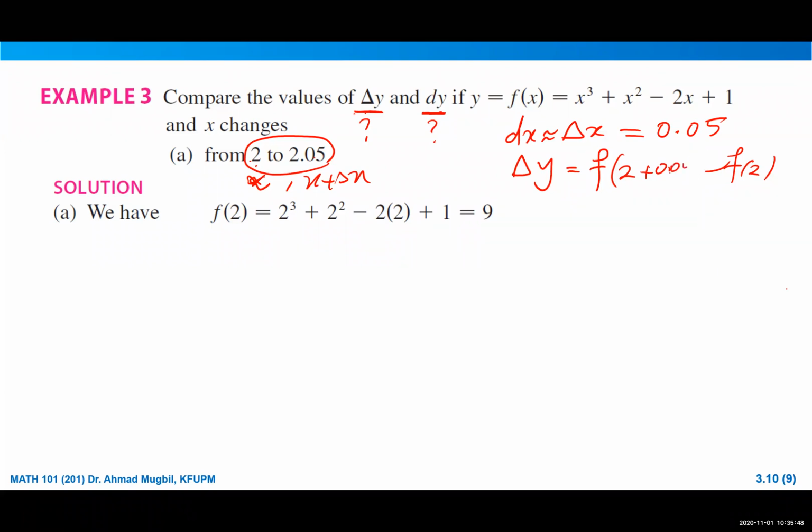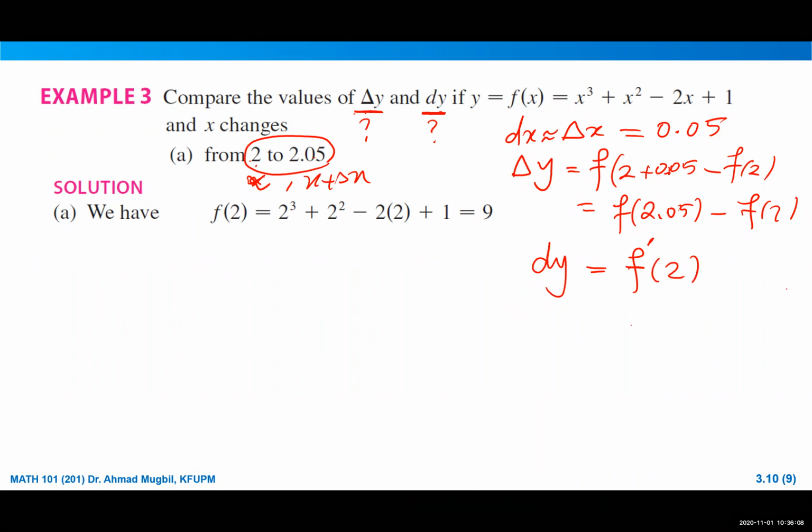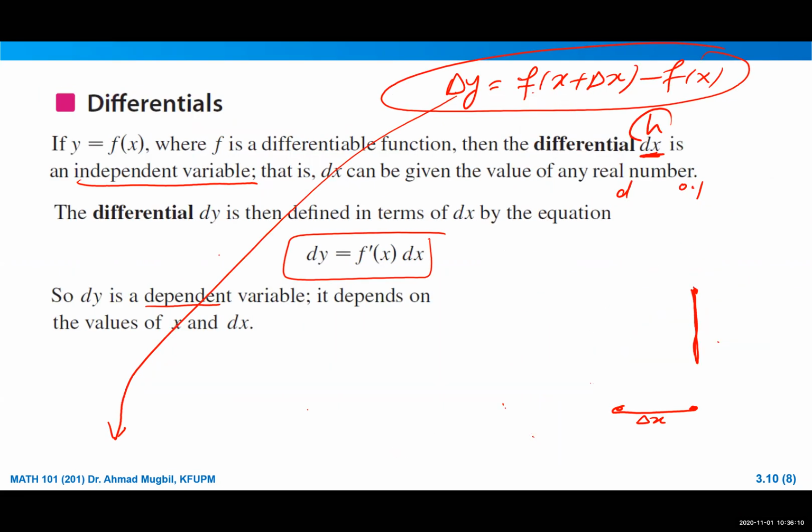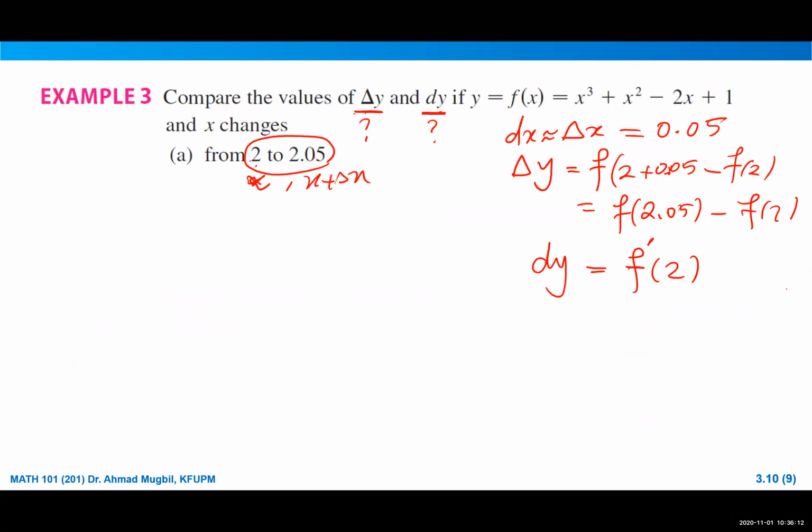So this means that you need to find f at 2.05 minus f at 2. This will give you delta y. For dy it is easier. dy is just the derivative at 2, because we say that dy is just f prime of x dx. So it will be just f prime at 2 dx.